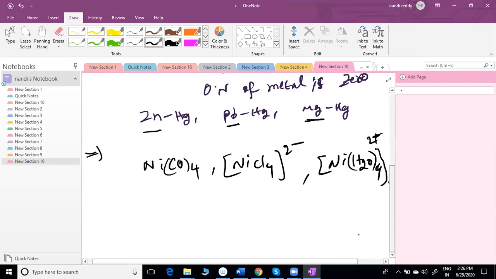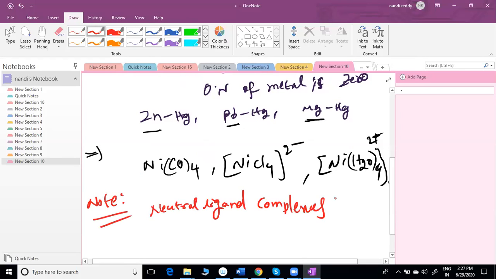So for these complexes, already we mentioned one point. Note, you can write it with the neutral ligands: neutral ligand complexes.